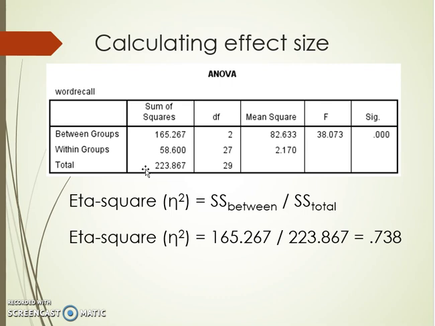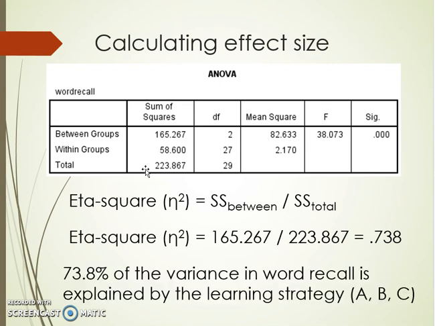Now we can interpret eta squared as the percent of variance in the dependent variable that's explained by your categorical variable. In this case, we can say that 73.8% of the variance in word recall is explained by the learning strategy.